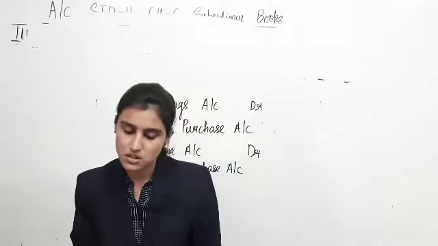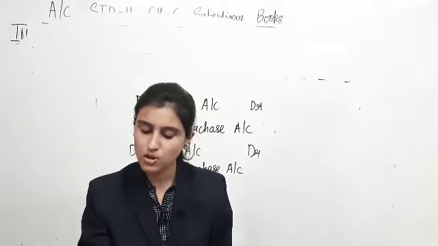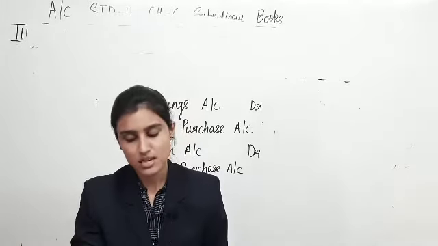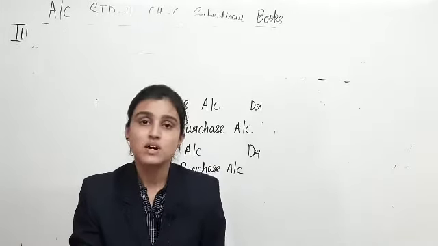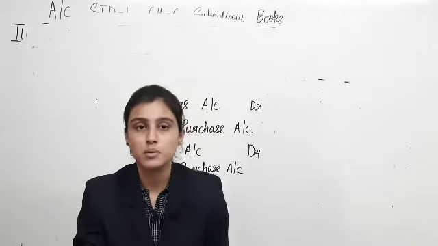Then we can take a transaction, the second last transaction I can see. A cheque of rupees 800 issued to Param as final settlement. When the cheque is issued, the cheque is actually given for payment.